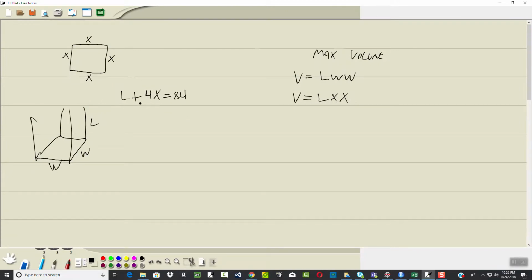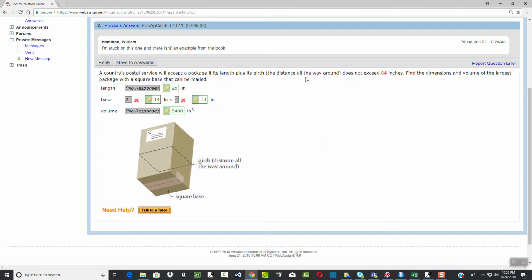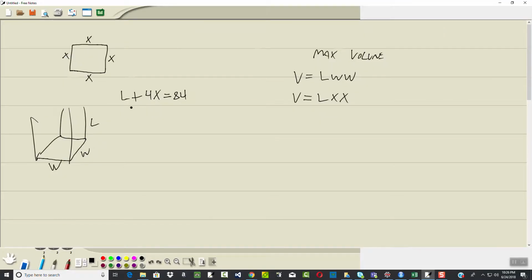In this one I could solve for L. So I take the 4x over and get this. Then I plug that in over here. So L is 84 minus 4x, and x times x is x squared.